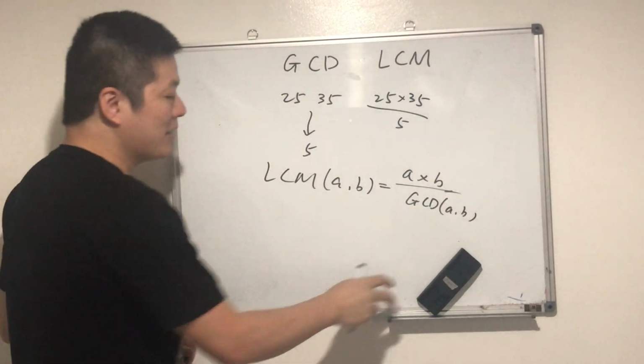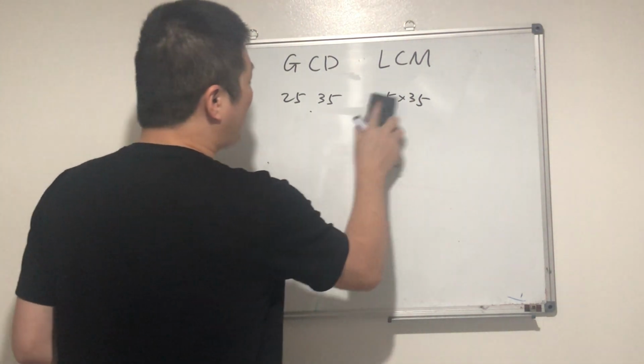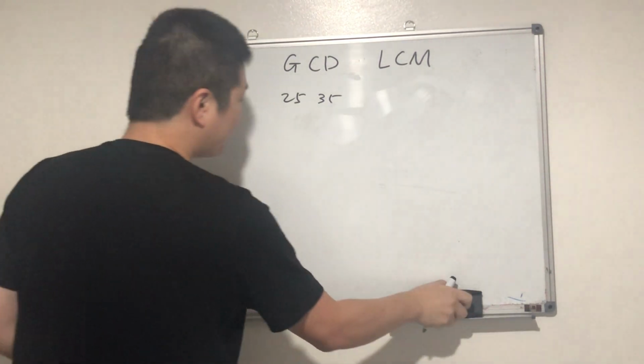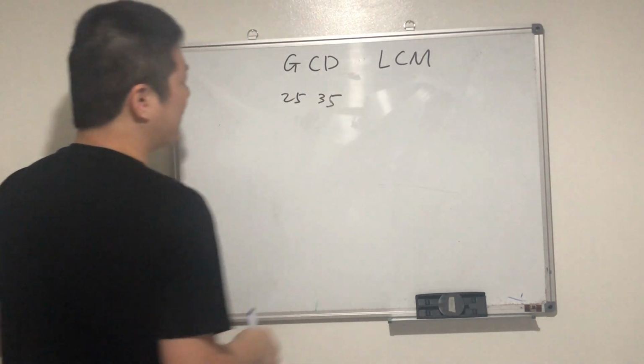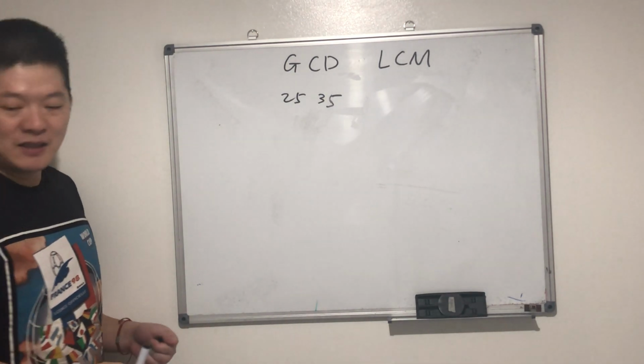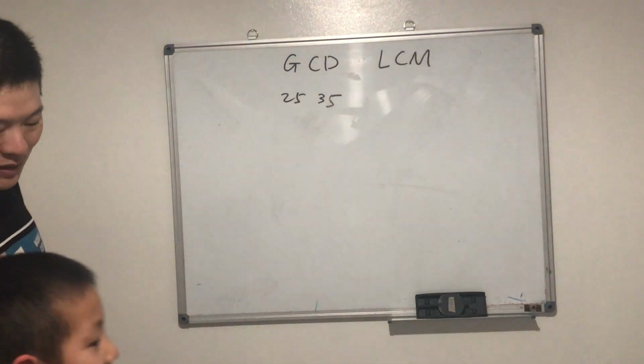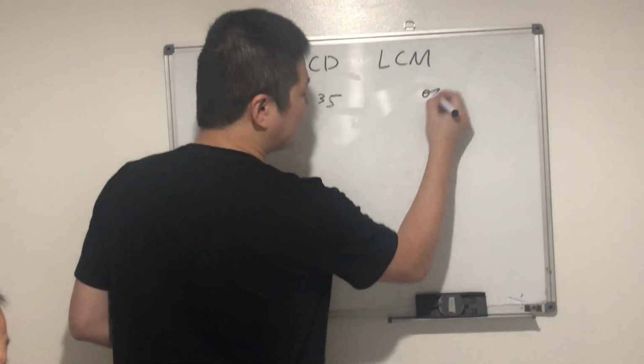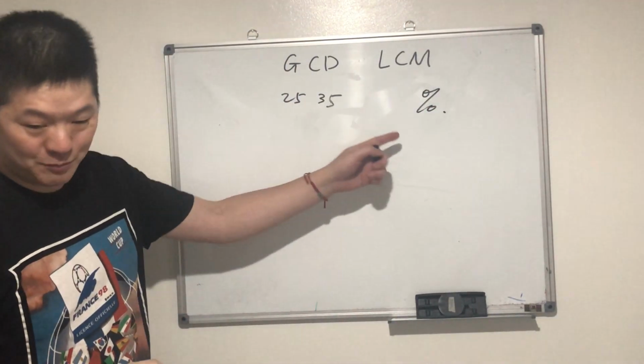Okay. So how do we calculate the greatest common divisor of 25 and 35? Remember? We need modulus.